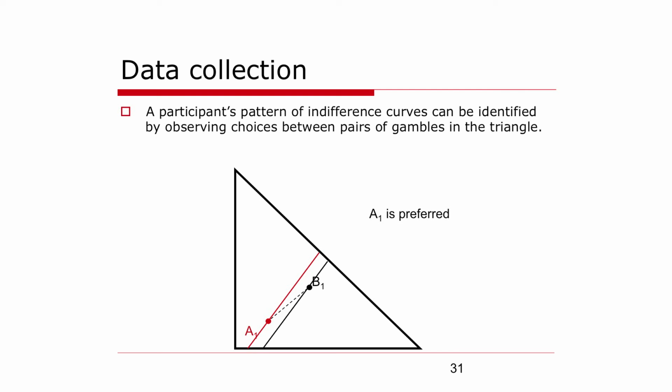And this is another EU, with a different utility function, but still EU, still parallel lines, and still A1 should be preferred, right? Now, here's another EU, but with a different utility function.